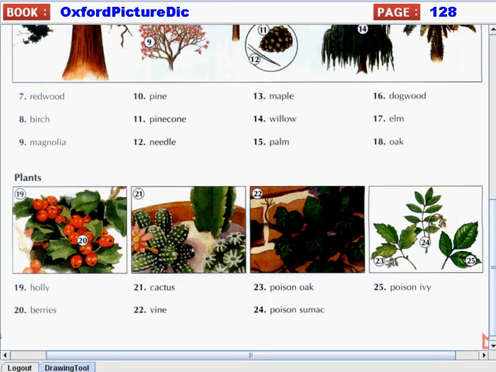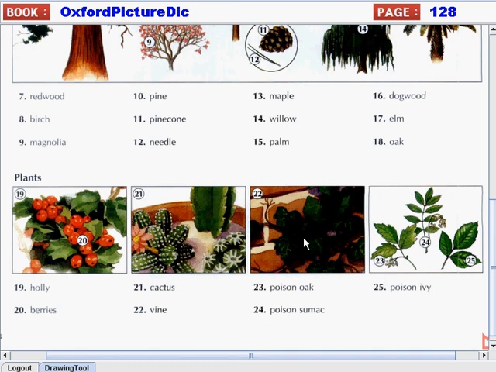Vine. You call this plant a vine because it has a long, thin woody stem, and it climbs up, and the stem serves as support. Alright. And it creeps along the ground. Vines creep along the ground.